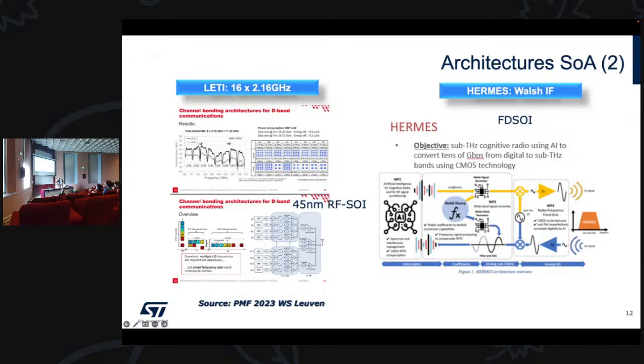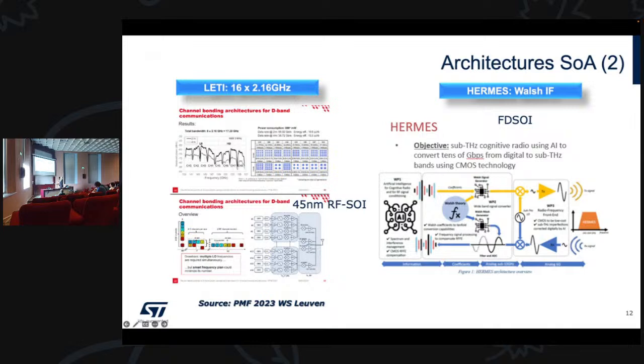So this is a multi-channel aggregation. The issue in this one is mainly on the frequency synthesis. You need to have a multi-LO with a space of 2 gigahertz. Whatever, this is another solution.